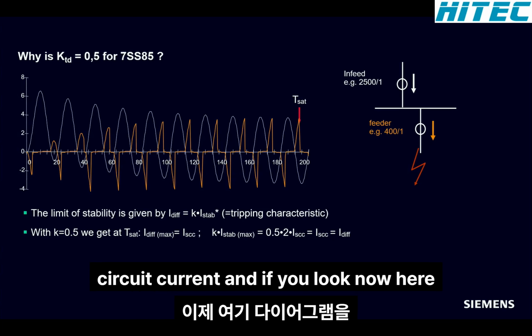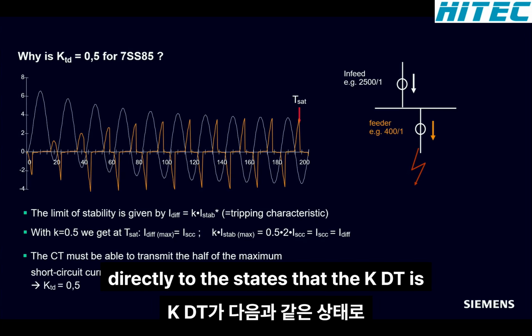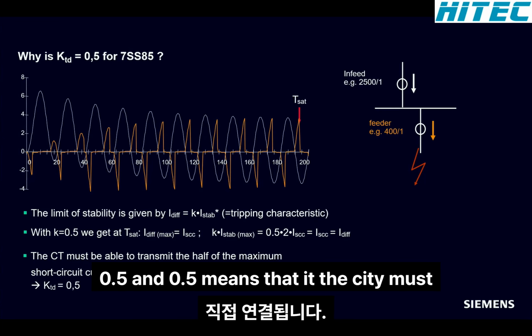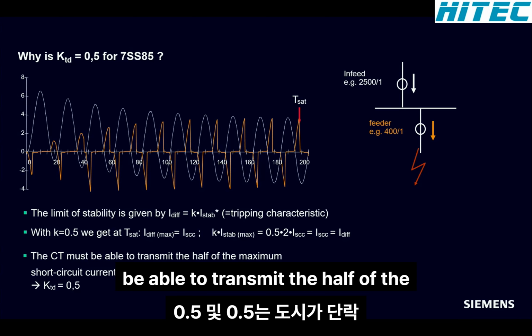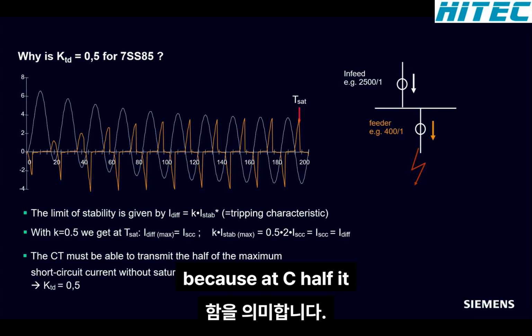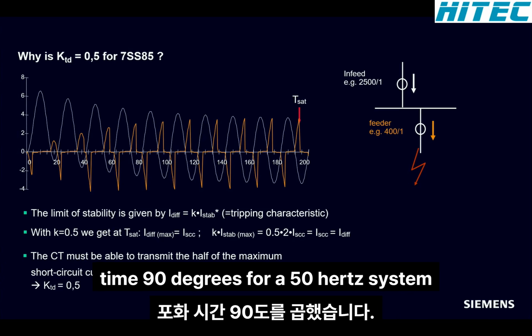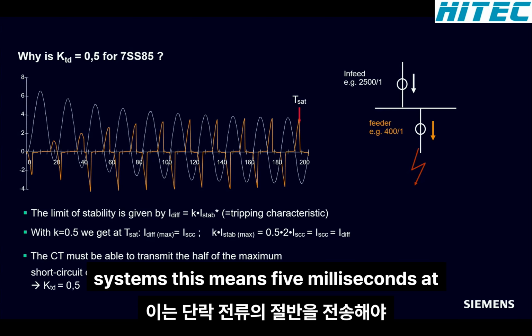And if you look now once again to the diagram, this leads directly to the statement that the KTD is 0.5, and 0.5 means that the CT must be able to transmit half of the short circuit current, because at half, at omega multiplied with the saturation time, 90 degrees for 50 Hertz systems, this means 5 milliseconds.